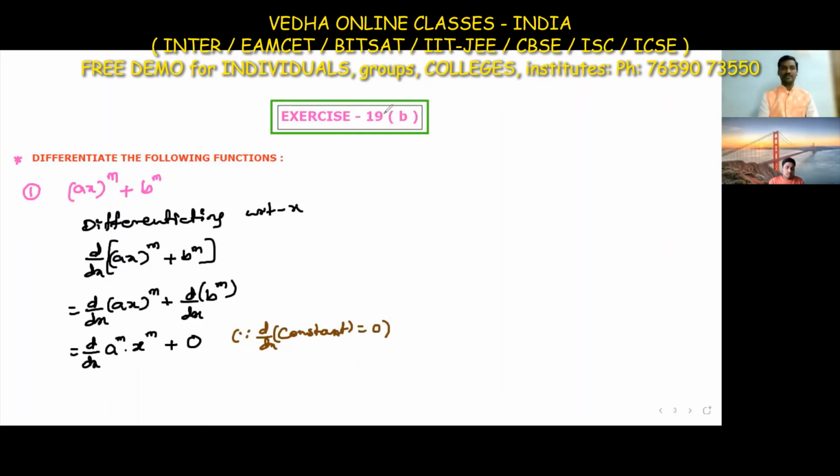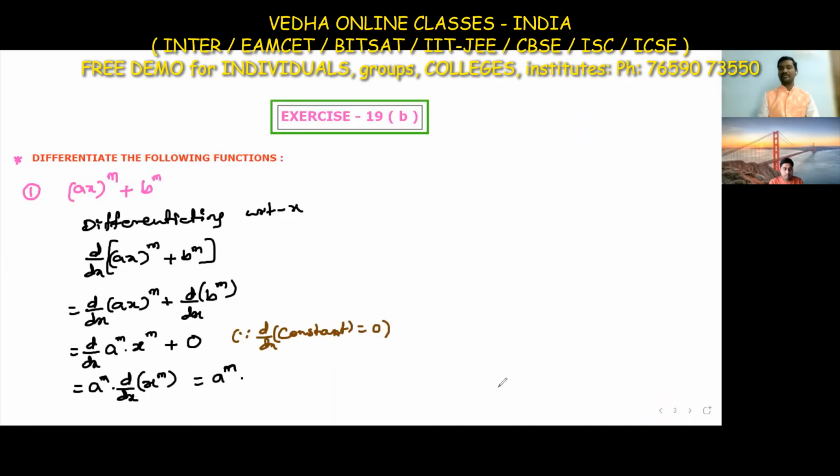Now I am writing the coefficient a^m outside, and d by dx of x^m. This a^m is as it is, and for x^m we have the formula.